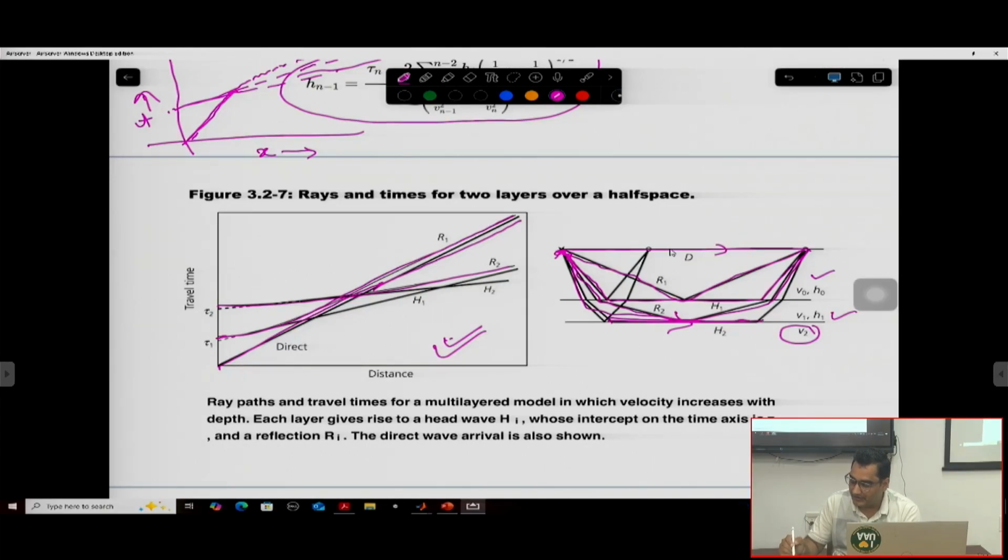Likewise, you will have the head waves. This is the first head wave, traveling at the interface of the first and second layer. There will be another head wave traveling at the interface of the second layer and the half space. You can take the slope, get many other things, and also crossover distances and so on.